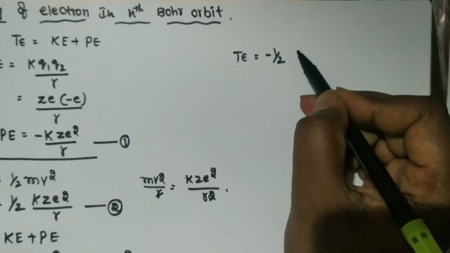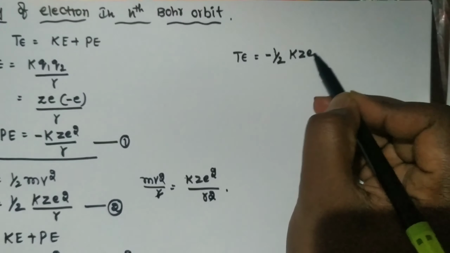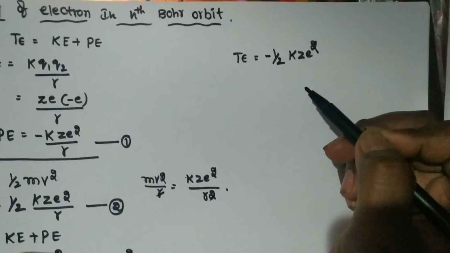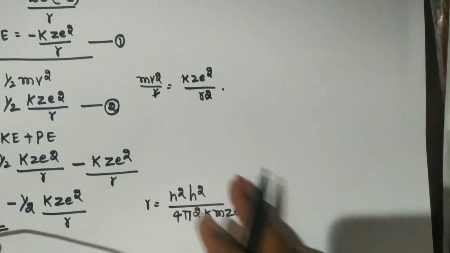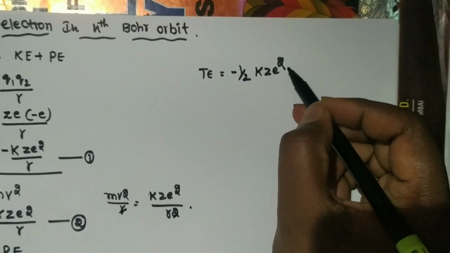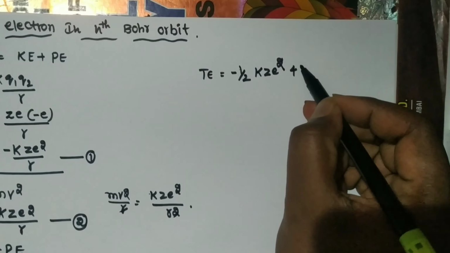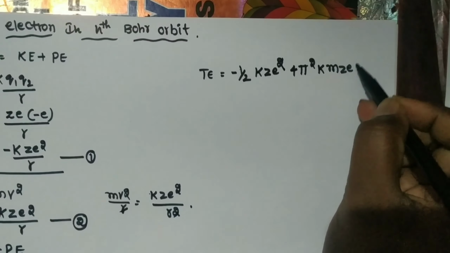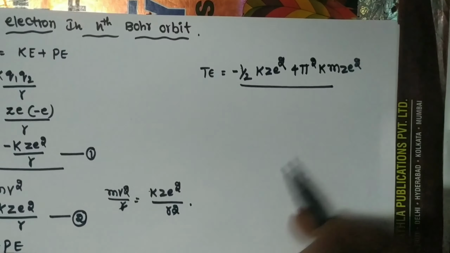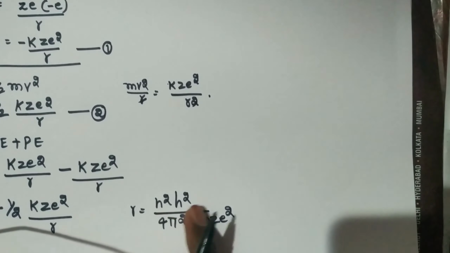Total energy is equal to minus of half K Ze square. This 4 pi square K m Ze square will go up, so 4 pi square K m Ze square upon n square h square.